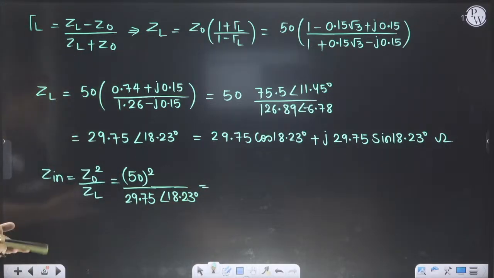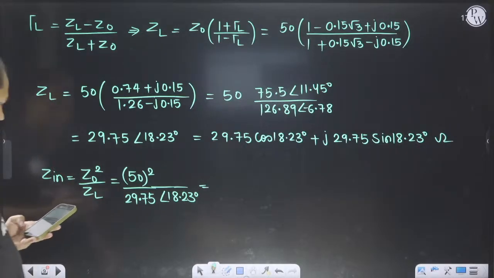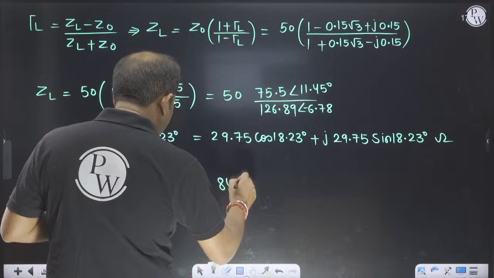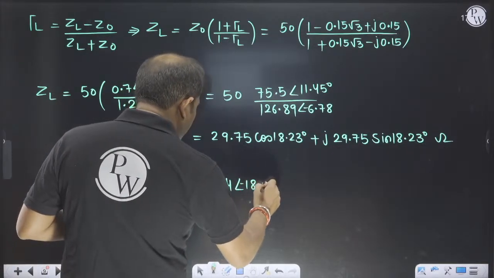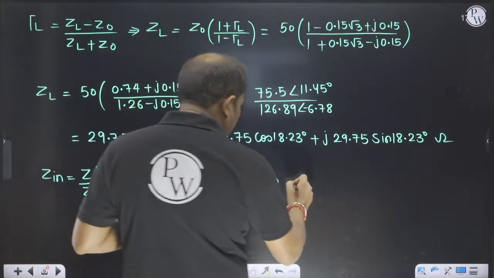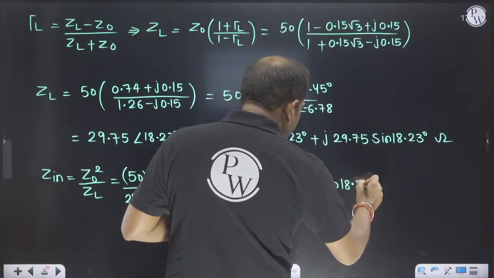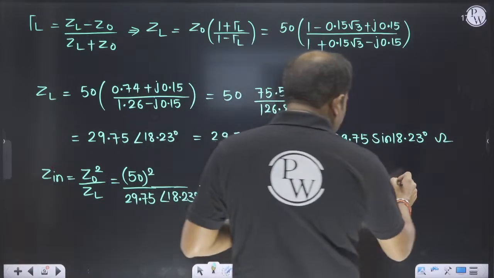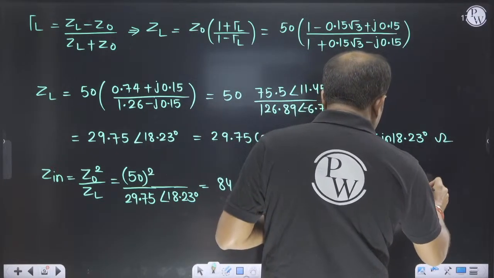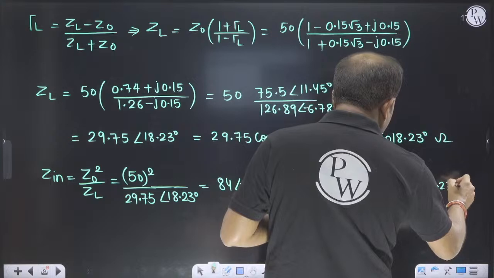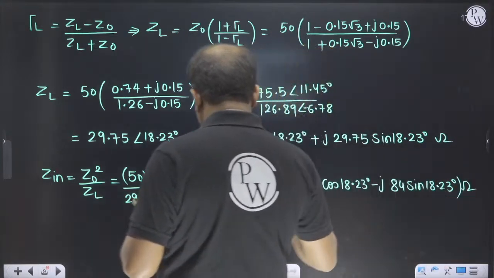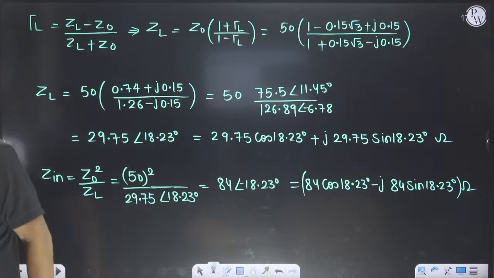So 50 square is 2500, divided by 29.75, it will be 84 at angle minus 18.23 degree. So it will be 84 cos 18.23 degree minus j 84 sin 18.23 degree in ohm. So you have calculated Zin.